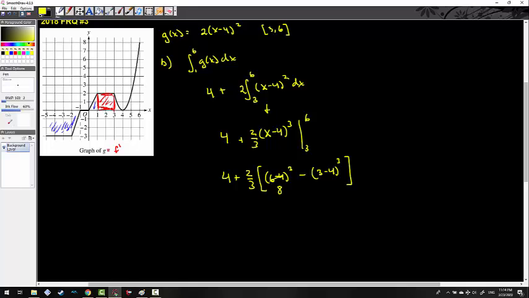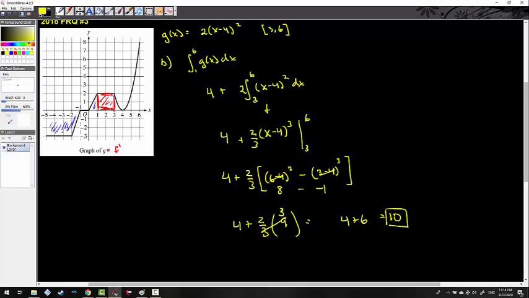This is going to turn into a -1, but it's being subtracted. So I've got 4 plus 2/3 times 9. Those are going to go away, giving me a 3, I apologize. And that's going to get me 4 plus 6, giving me 10. So that is the result of the integral.